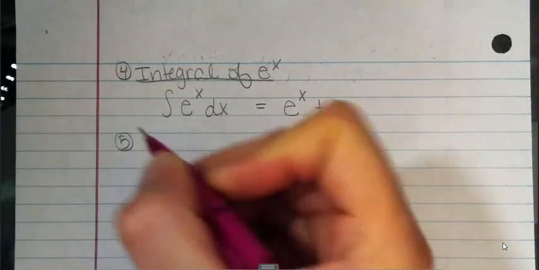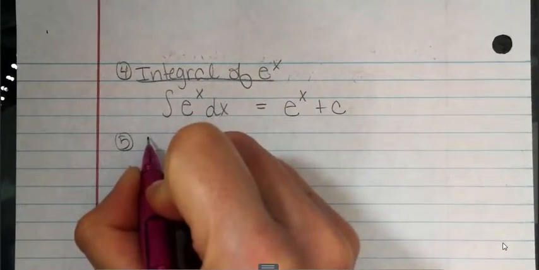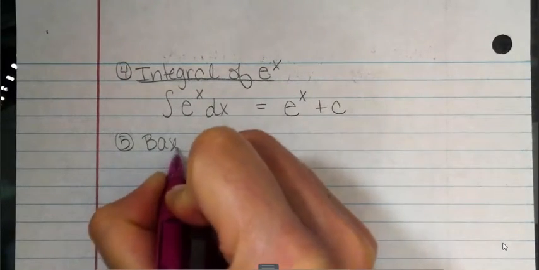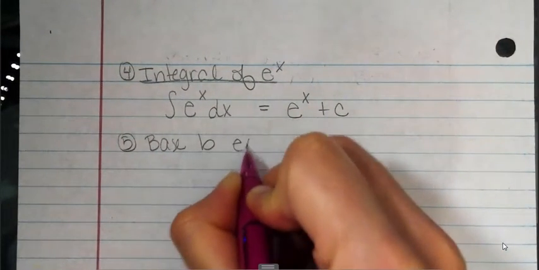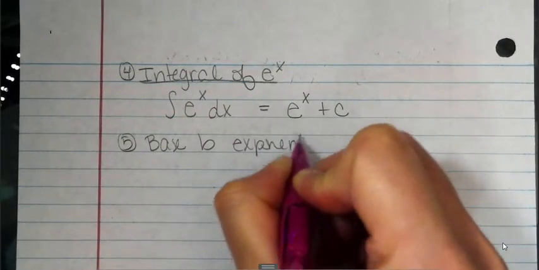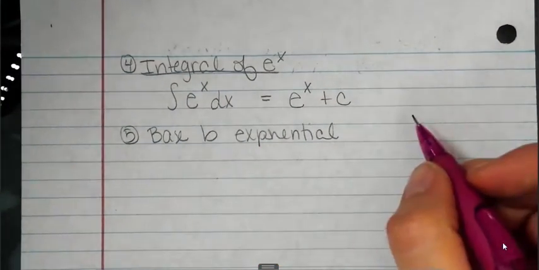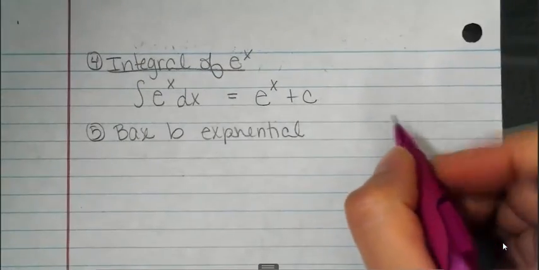Okay, and then let's do one more. So how about base b? If I have a base b exponential. For example, I'm just going to go off to the side here.